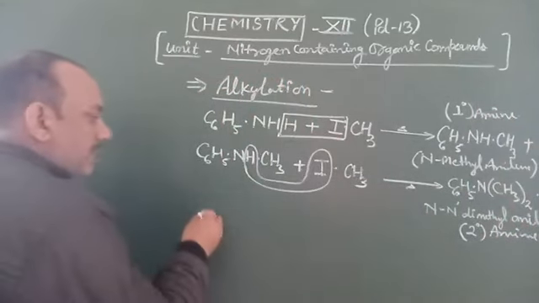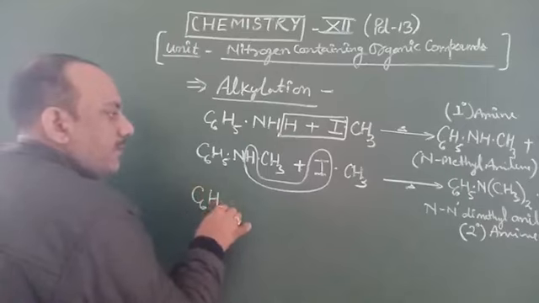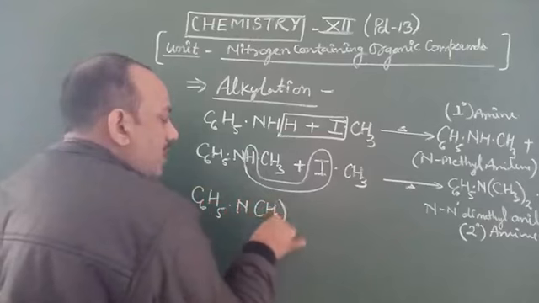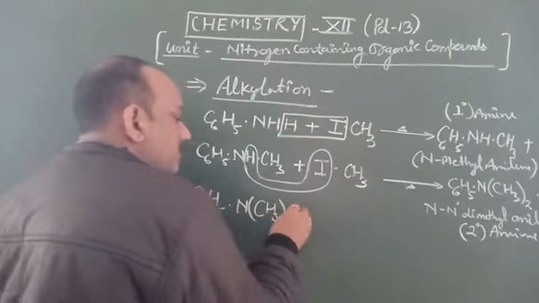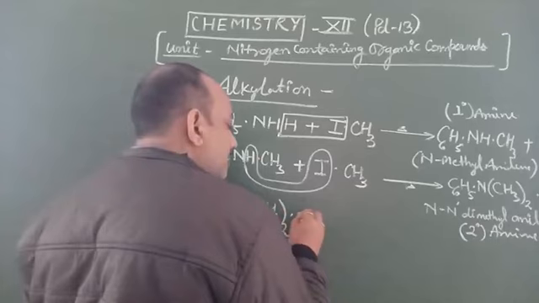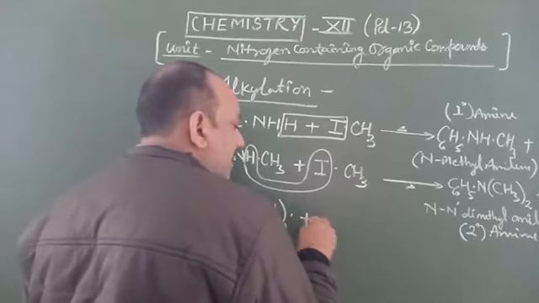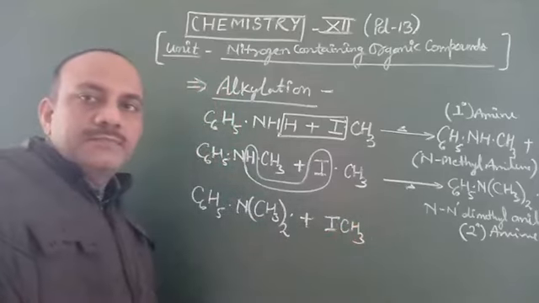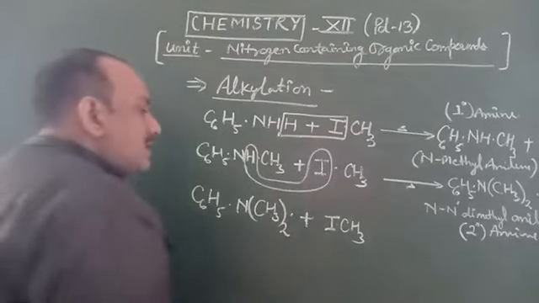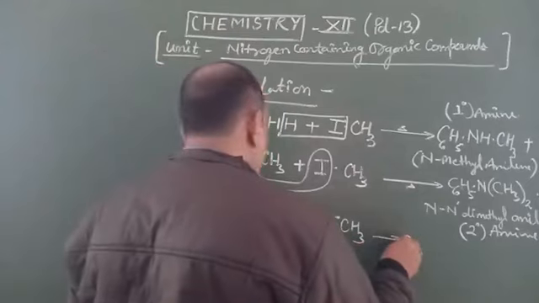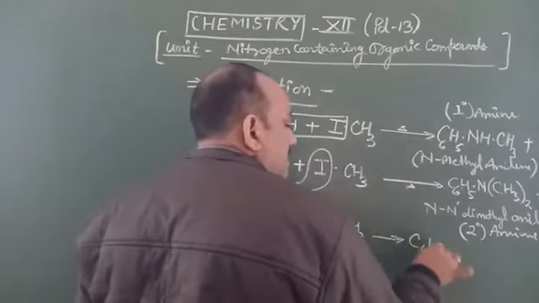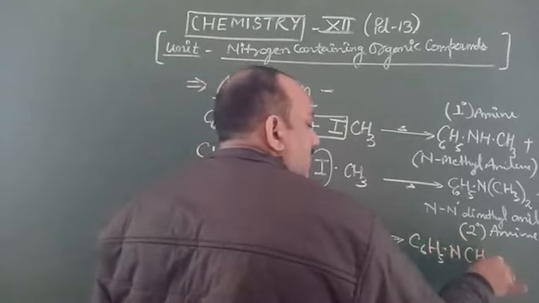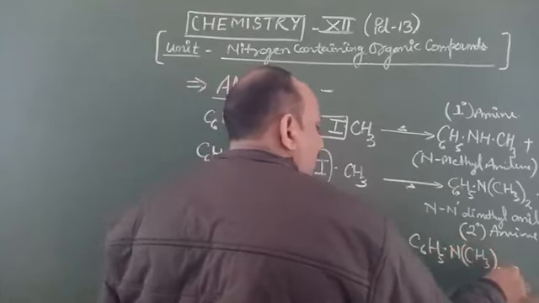Now another reaction. C6H5N(CH3)2 reacts with methyl iodide, CH3I. Now, in the last reaction it gives its addition product, C6H5N(CH3)3.